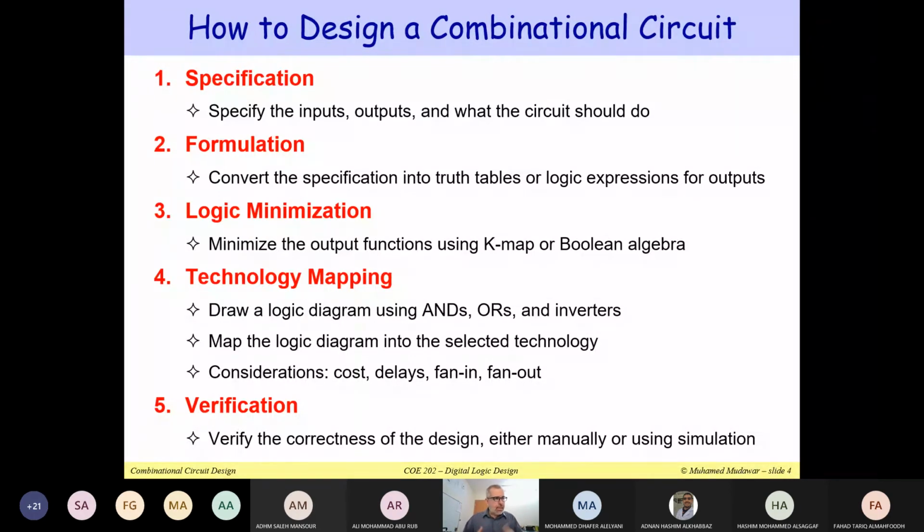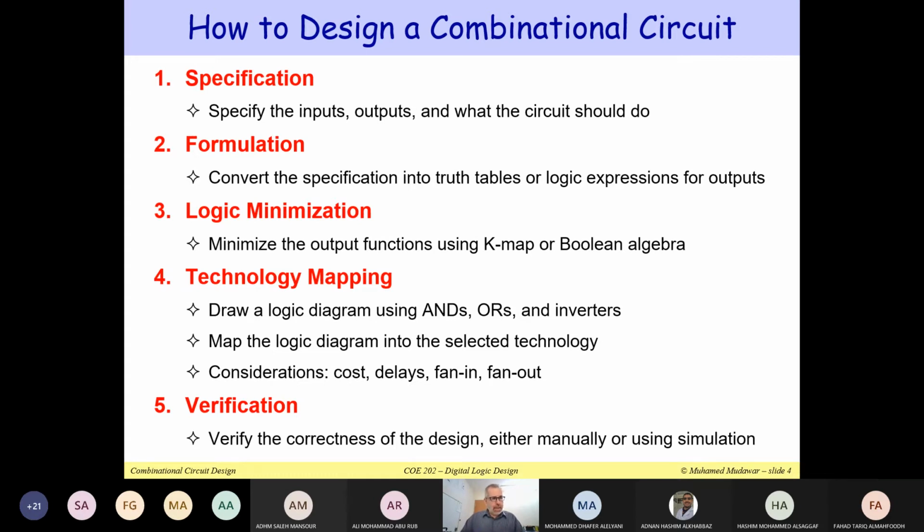So the specification is given to you. You are supposed to look at the specification, understand it, and from it go through the remaining steps of the design procedure. Once we have the specifications, we go to step number 2, which is called formulation.